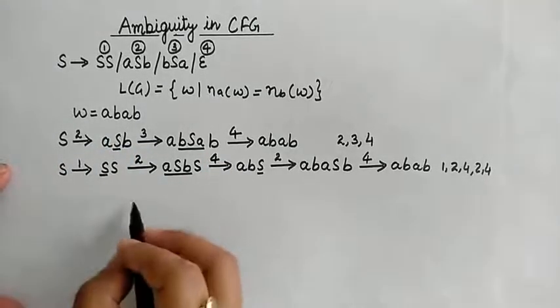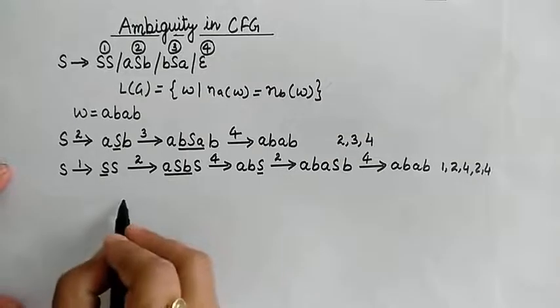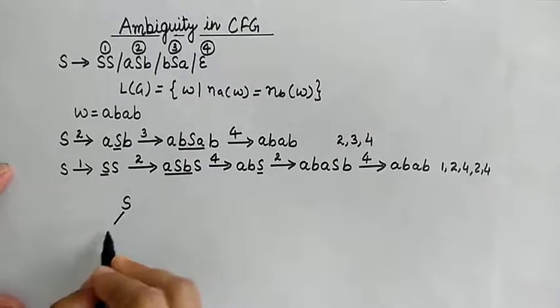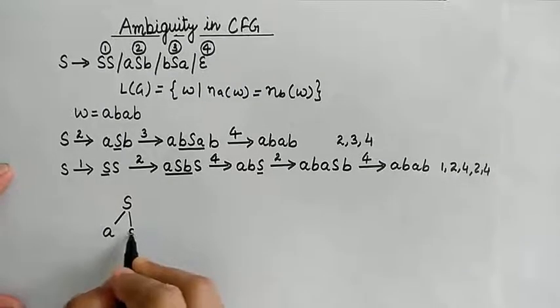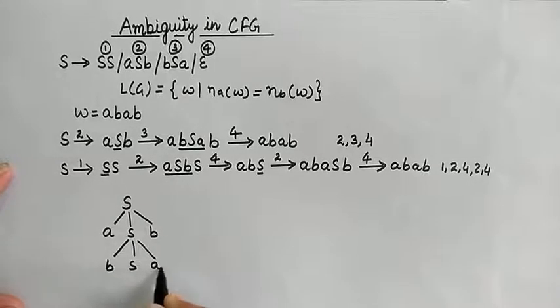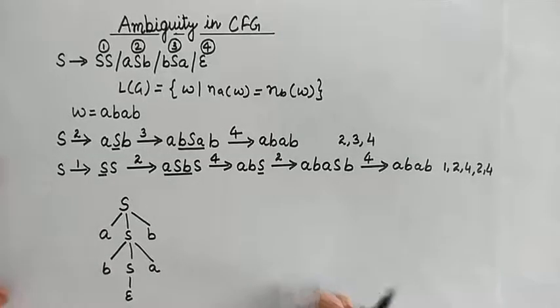If you draw the derivation trees for both of these, for this one the derivation tree would look like this: ASB, then for this it is BSA, and finally this S is replaced by epsilon.